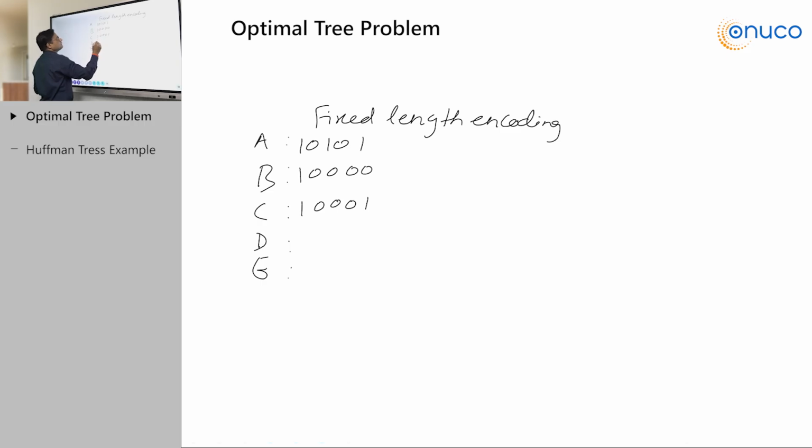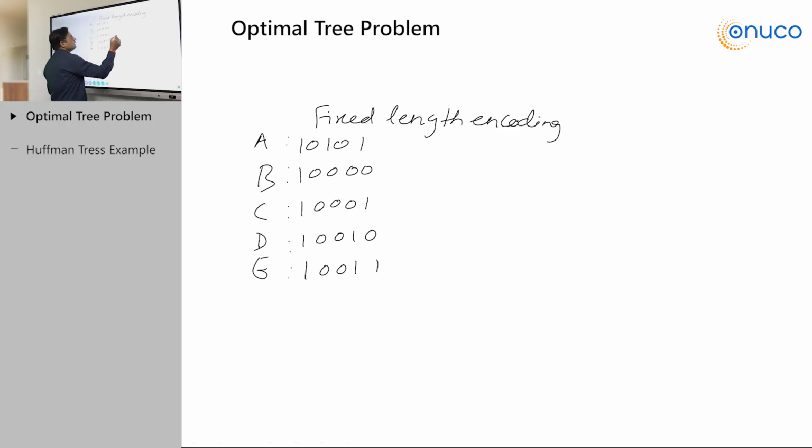D can be written as 1 0 0 1 0, and E can be written as 1 0 0, and so on. If you see the pattern, all the bit patterns are different, all represent unique letters, and all have a fixed bit length. Fixed length means all have 5 bits.